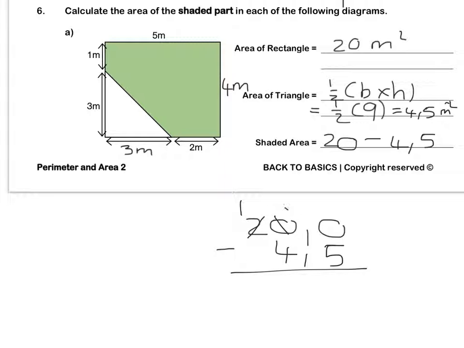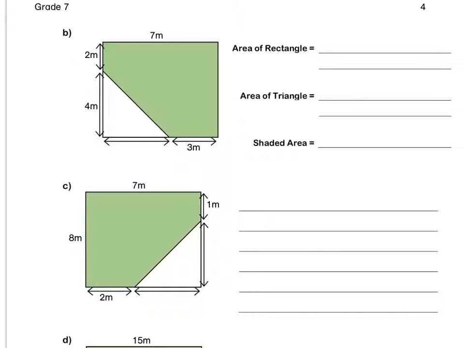That 0 gets 9, and the last 0 gets a full 10 as usual. 10 minus 5 is 5. Put down your decimal point. 9 minus 4 is 5, and 1 minus nothing is 1, so 15. Therefore, the area of the shaded area is 15,5 meters squared. Press pause to complete question B and C by yourself.